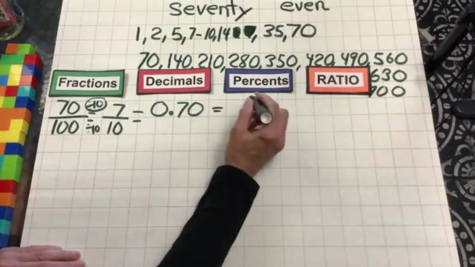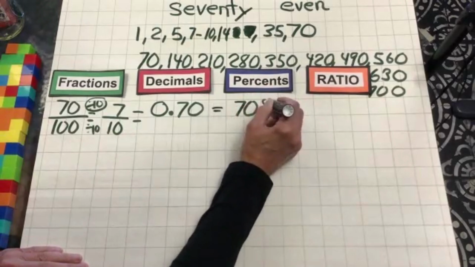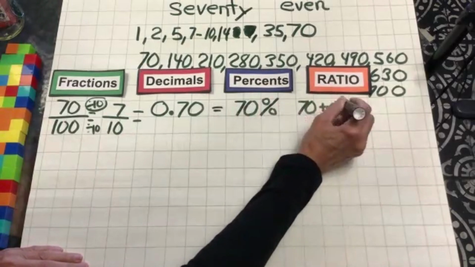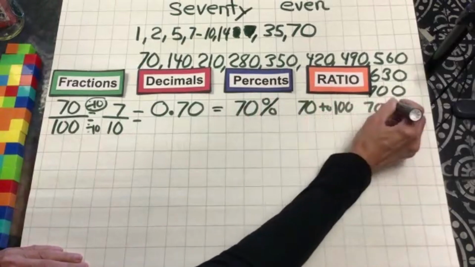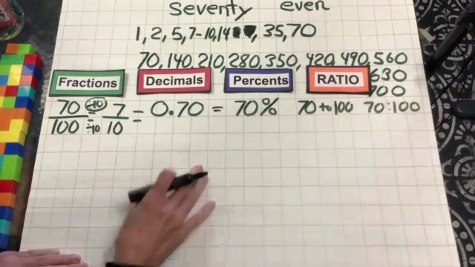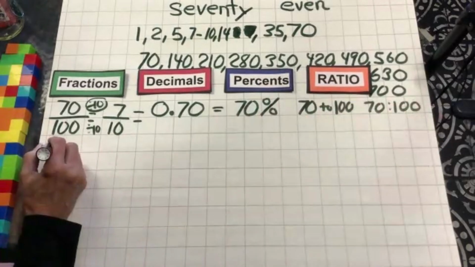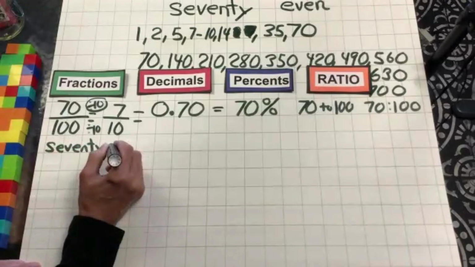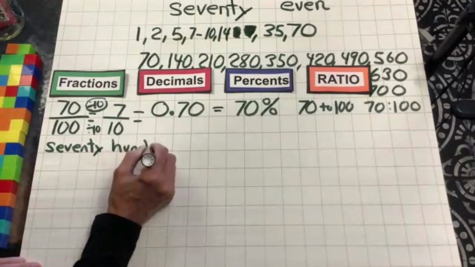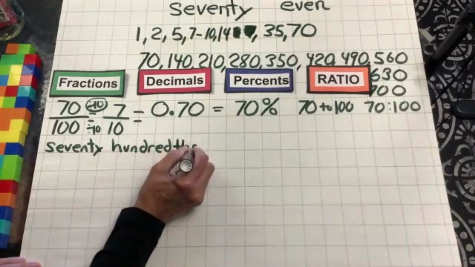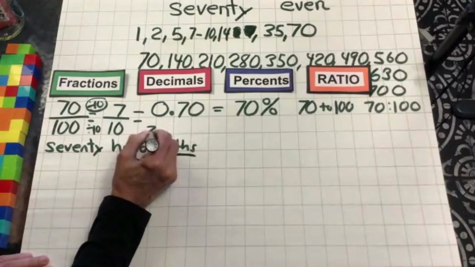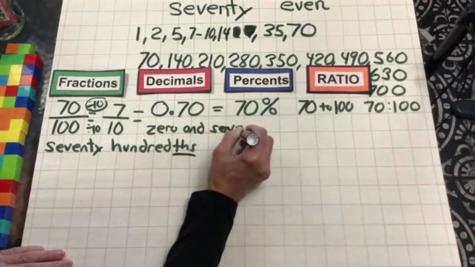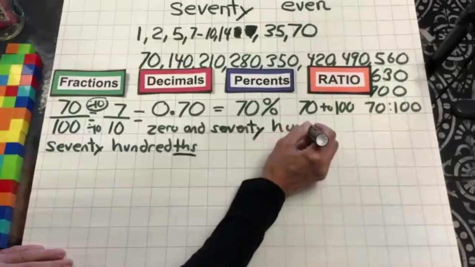And let's move on to percents. So if we're getting 70 cents off of every dollar, we're getting 70% off. We would write that in ratio as 70 to 100 or 70 colon 100. All right, let's write this in words. So we have 70, 7 with the T, T-Y, 70 hundredths. And then our decimal was 0 and 70 hundredths.